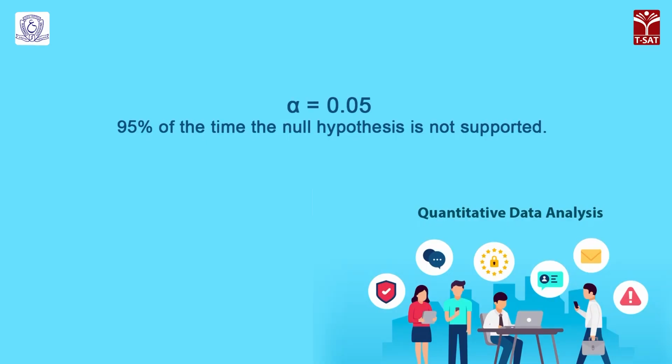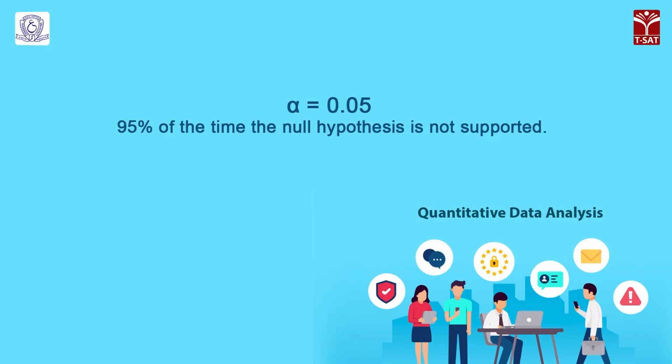After the null hypothesis is formulated, the level of significance, that is the alpha level, is set. This is usually 0.05 for most social research, written as alpha equals 0.05. This means that for 95% of the time, the null hypothesis is not supported.